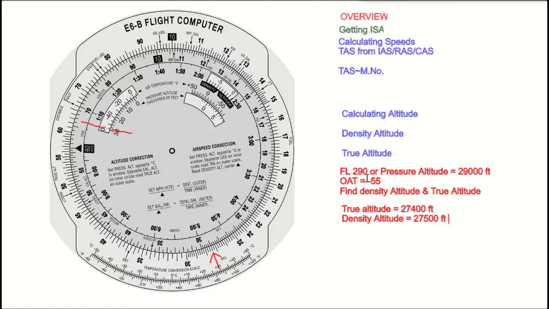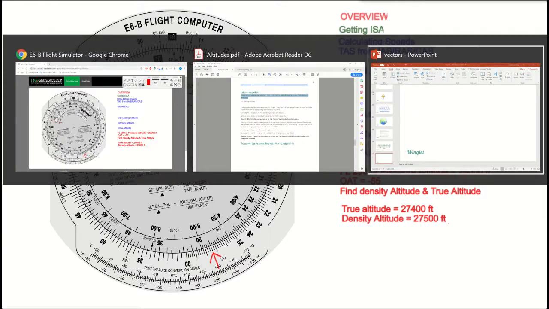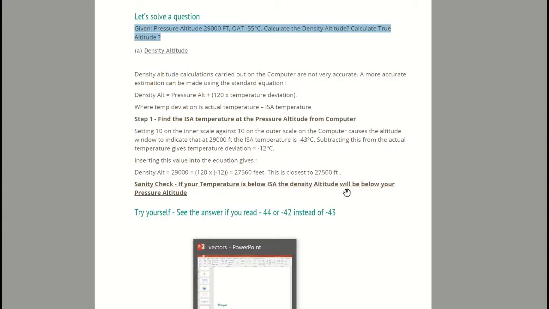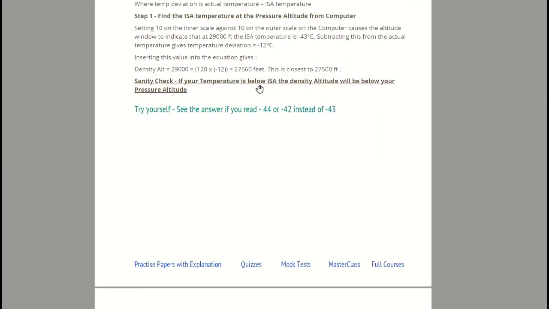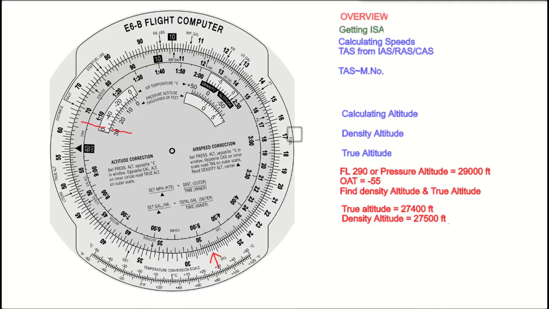You could also find out the density altitude using the formula. The formula is 120 into ISA deviation added to the pressure altitude.